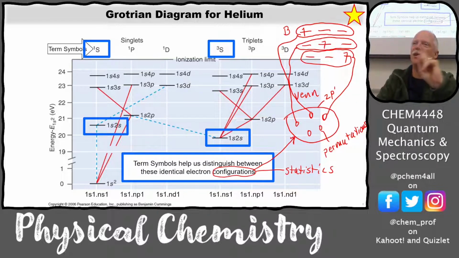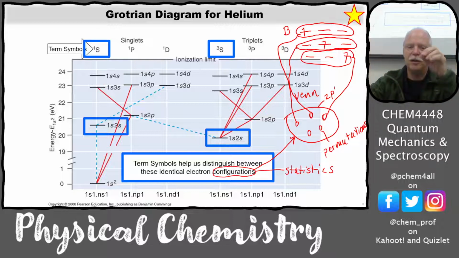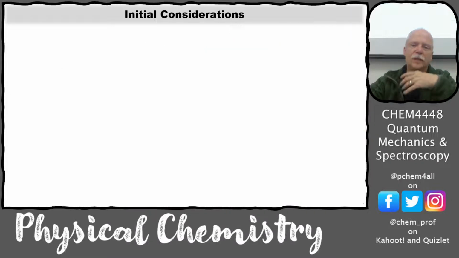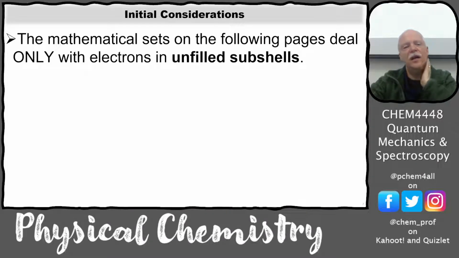Oh, I've got a spin up electron in this m sub l equals -1 orbital. But the benefit of learning the Clebsch-Gordan series, which we'll talk about, is that you know you got all of the possibilities. So these mathematical sets, and that's what we're going to be dealing with, the curly brackets means a mathematical set of numbers. They deal with only the electrons in unfilled shells, unfilled subshells.